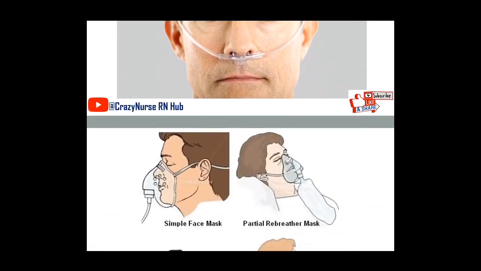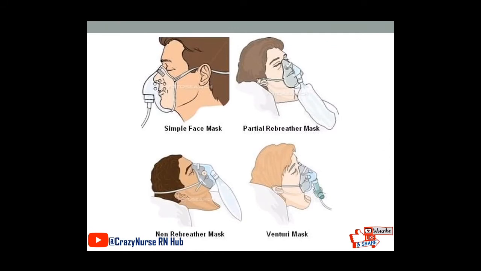Also, I have here an example of your simple face mask, your partial rebreather mask, your non-rebreather mask, and your Venturi mask. By the way, your Venturi mask is classified under high flow systems, so later we will discuss your Venturi mask.